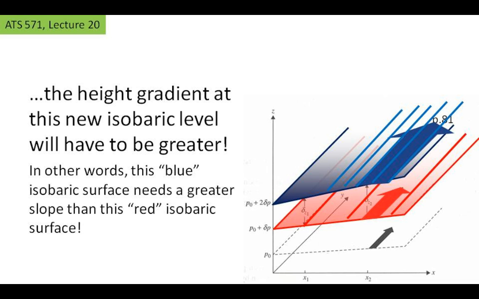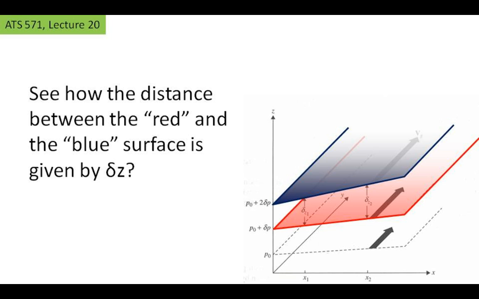See how at the red level those contours were fairly far apart, and on the blue level they're fairly close together. In order to get that stronger wind speed at the blue level, we're going to have the height contours closer together. We're going to have more of a slope to our isobaric surface.